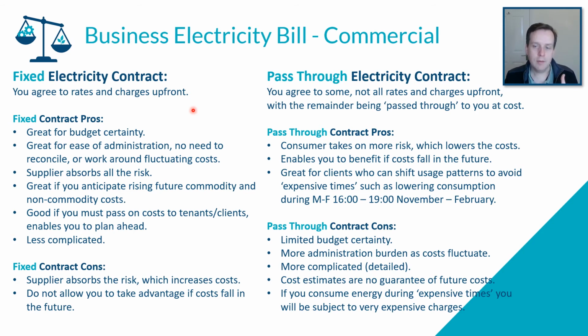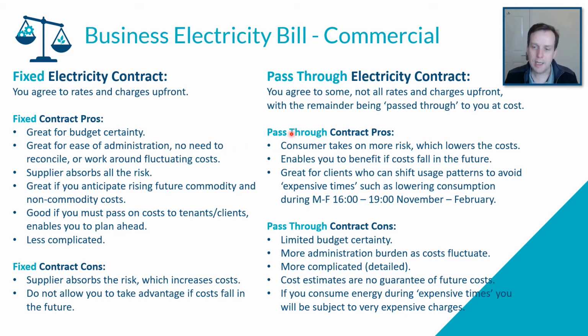So that rate will include the actual cost of electricity, your triad charges, your distribution charges, your government charges, all added up to give you a single rate of, say, 20 pence per kilowatt. Probably a bit high, but just an example.